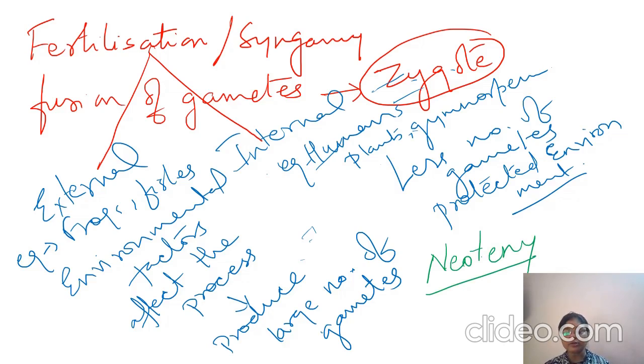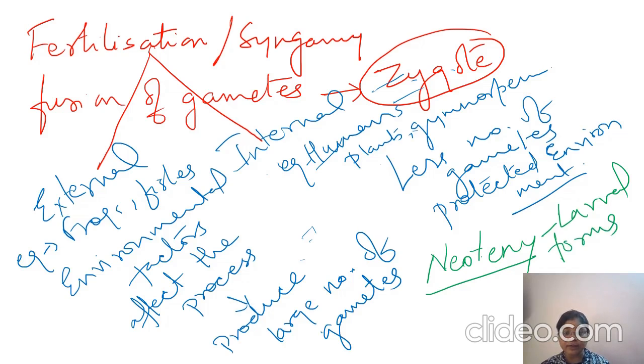Neoteny. What is neoteny? You know that mature adults are reproductively active. But there are certain larval forms which are reproductively active.